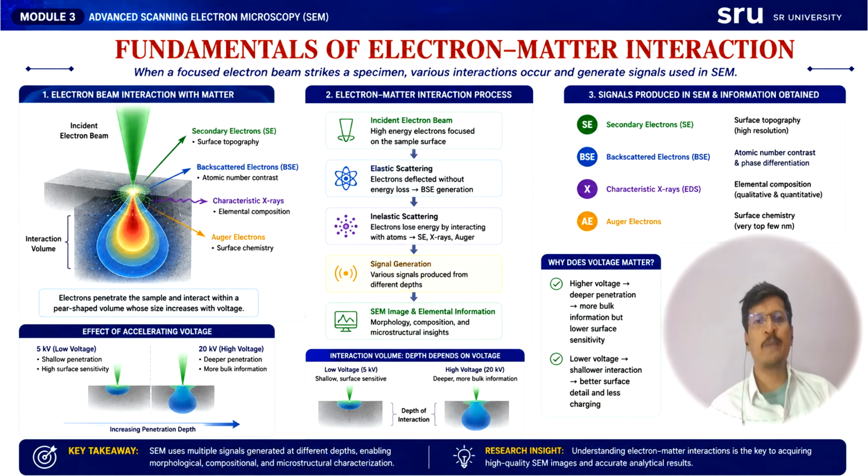These interactions take place within a region called the interaction volume. You can see it on the left side of the slide. The incoming electrons transfer energy to the atoms of the specimen through elastic and inelastic scattering processes.